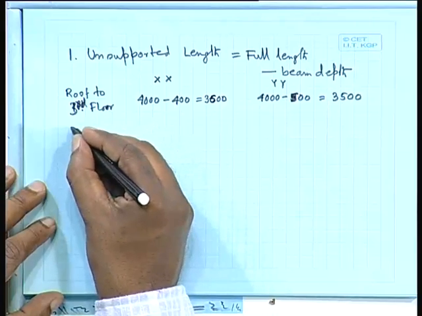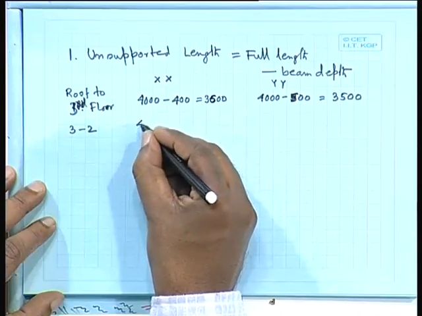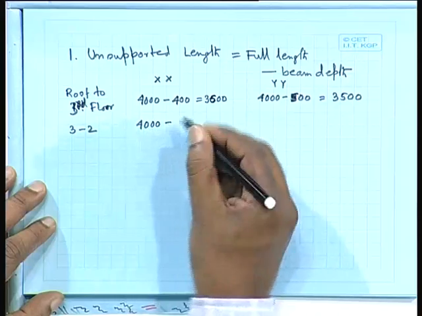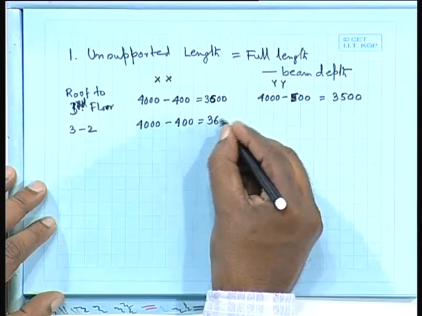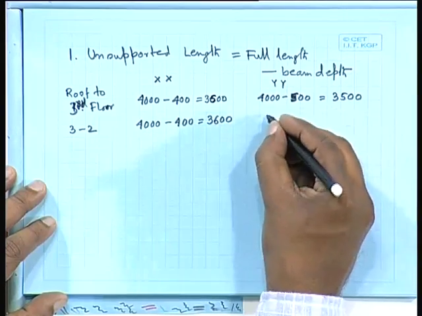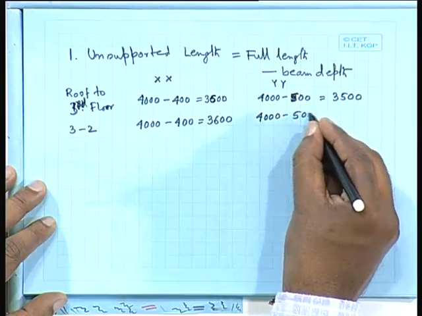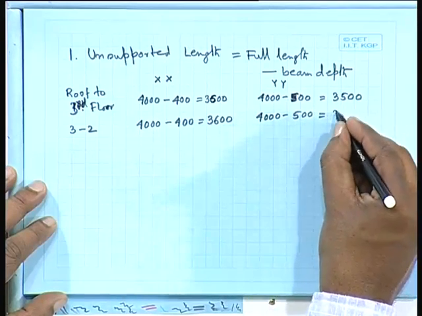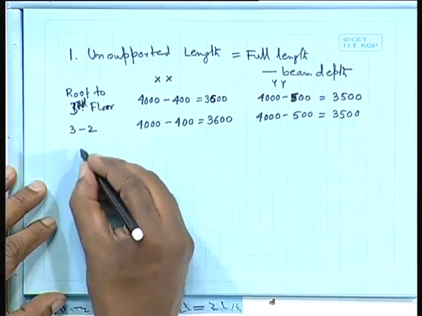Then between third and second the same, 3600 and 3500.